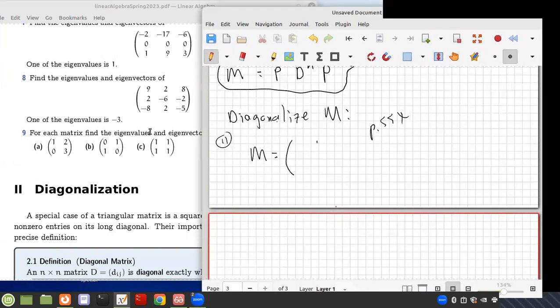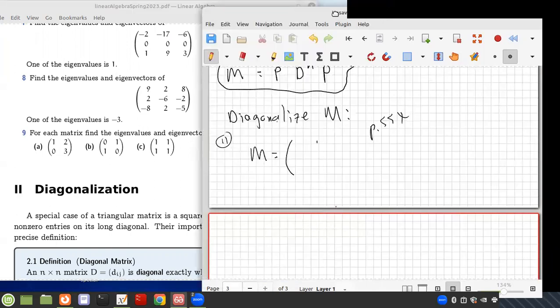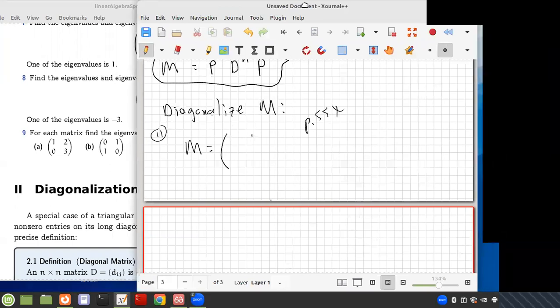Let's try, I think this will work. We did this last time. So the 0, 1, 1, 0. Let's take M as this one.